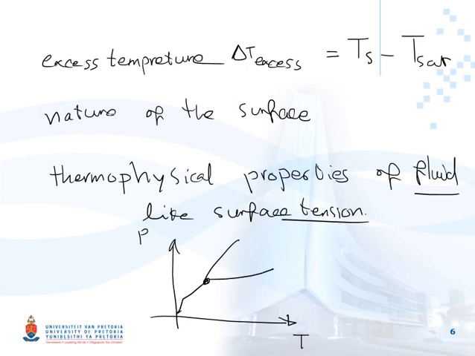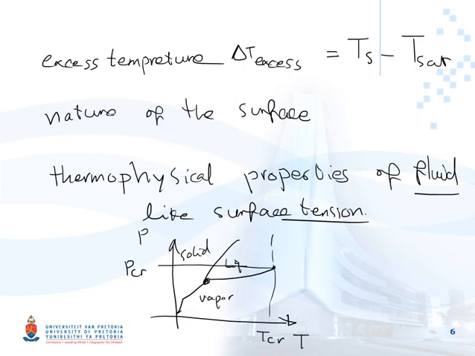So it's solid here, it's liquid here, vapor here, T critical and P critical. So critical temperature and critical pressure.